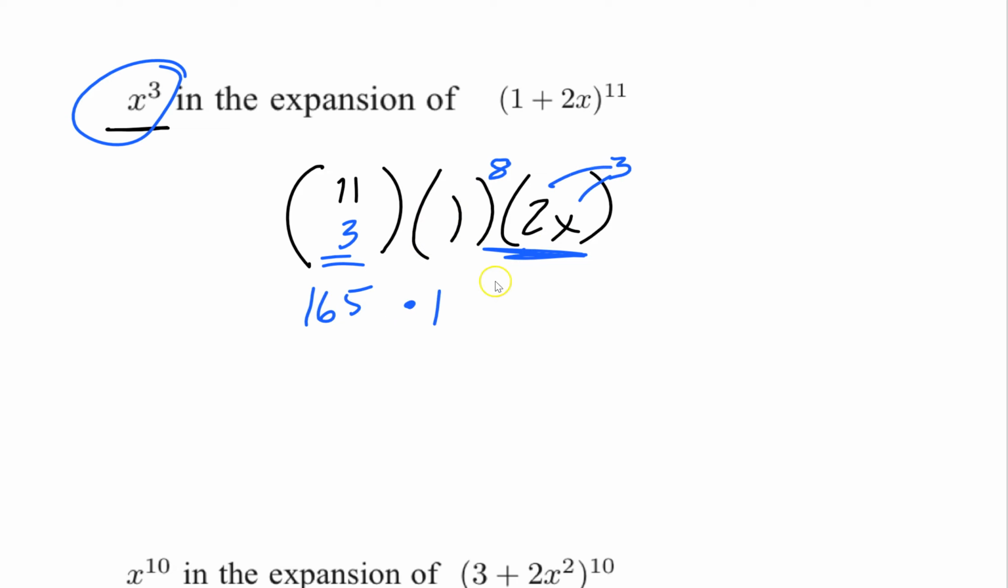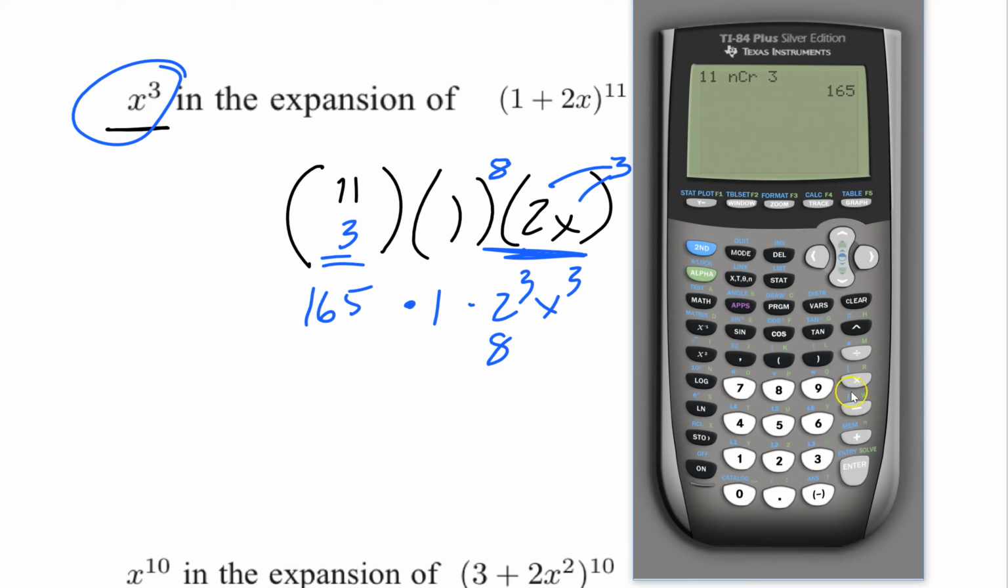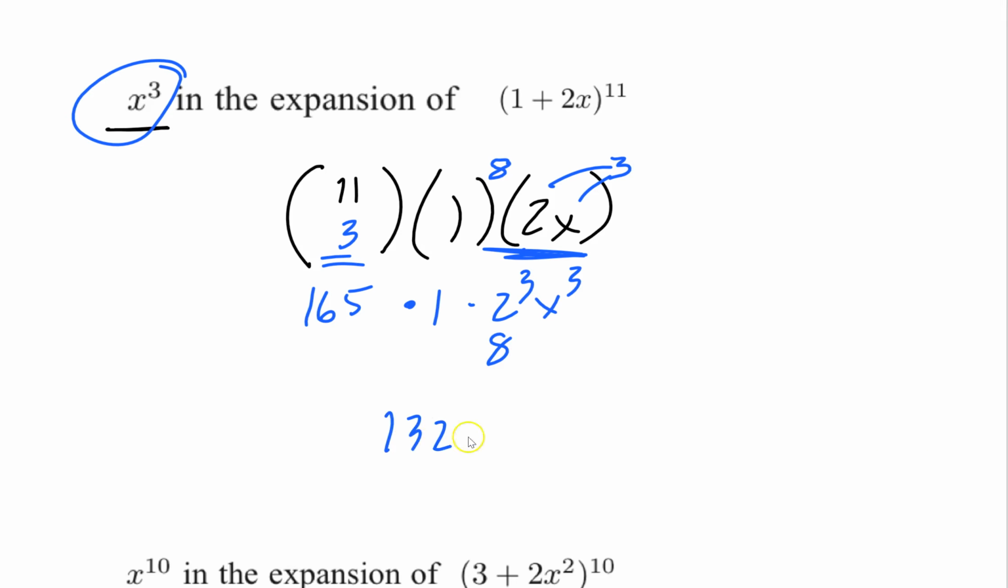That 3 goes to both of these, so it's 2 to the 3rd, x to the 3rd. That's 8. Well, I need to multiply 8 times 165. Again, I don't know what that is. So times 8. 1320 x to the 3rd.